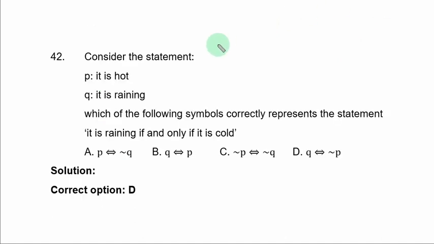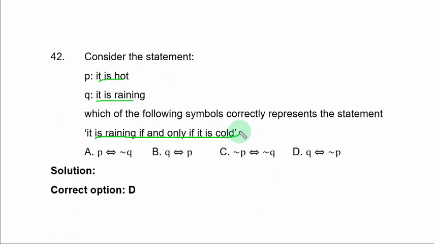Question 42. Consider the statement P, it is hot, Q, it is raining. Which of the following symbols correctly represents the statement it is raining if and only if it is cold?